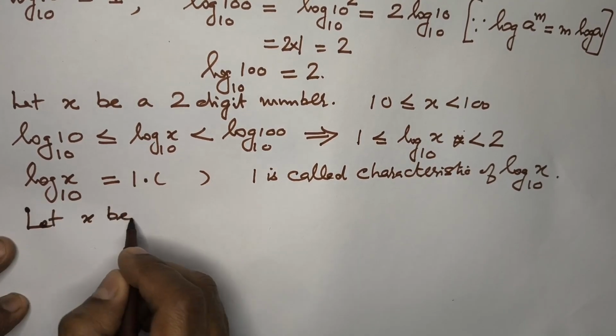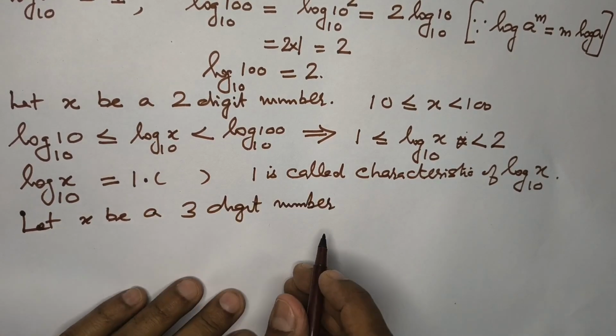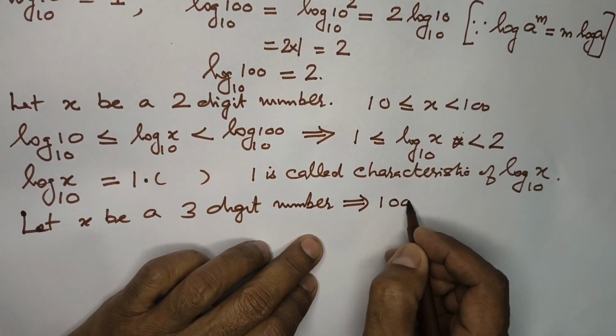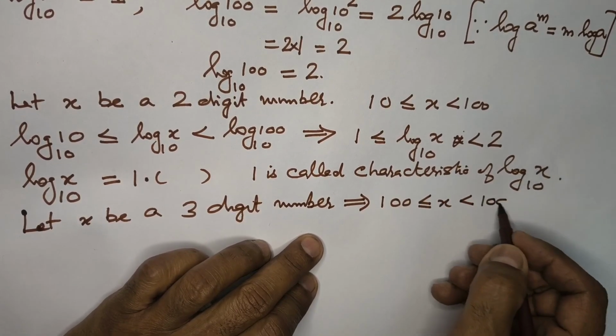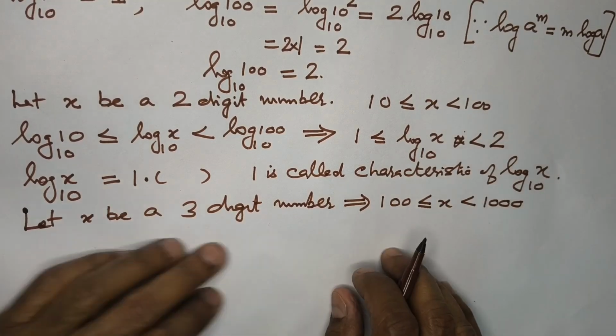Let x be a three-digit number. That implies x lies between 100 and 1000. Now, like we did before, take logarithm of this inequality.